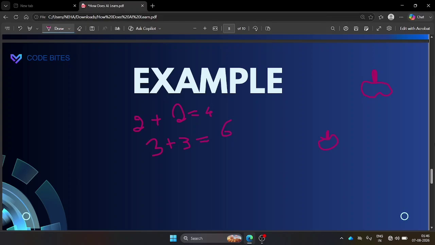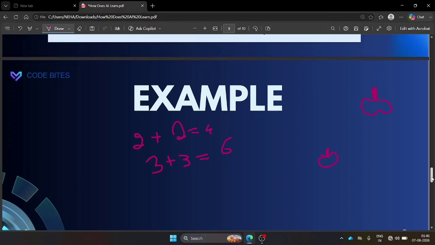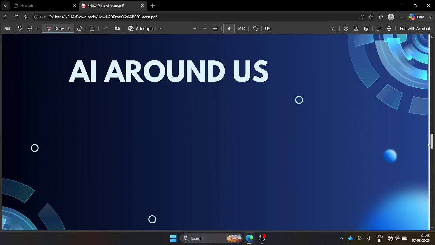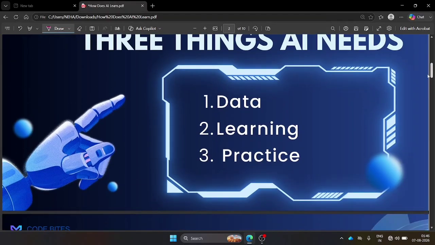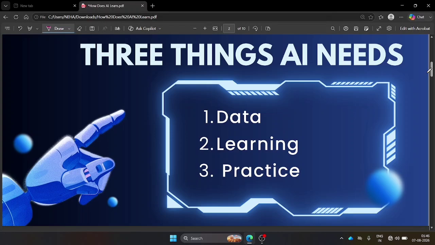So, how does AI learn? We have three things that AI needs. Without them, AI will not identify anything, right? Just like a student needs a book and teachers to learn anything, AI also needs three most important things: the data, the learning, and the practice, right?